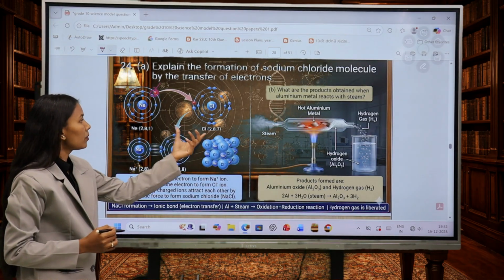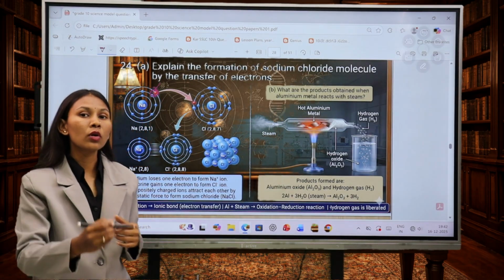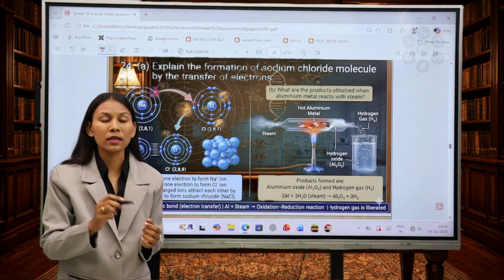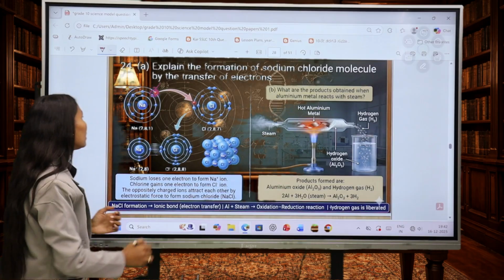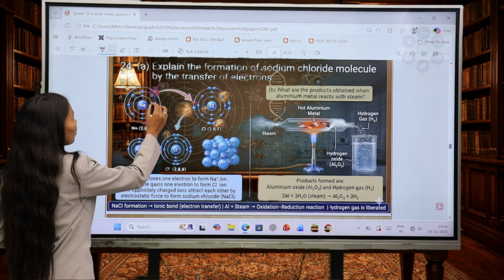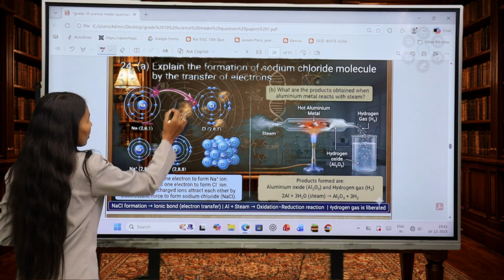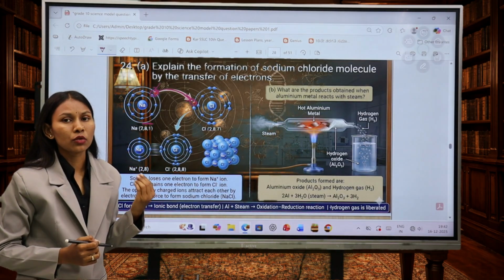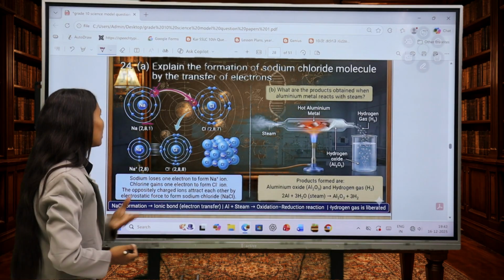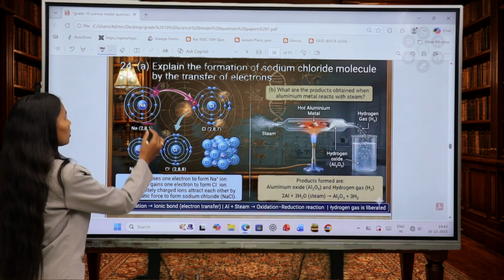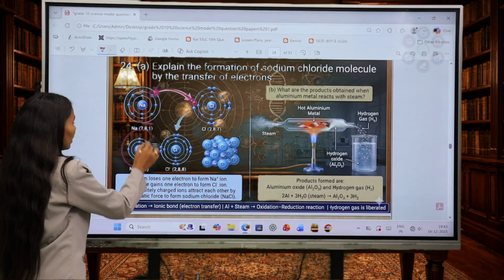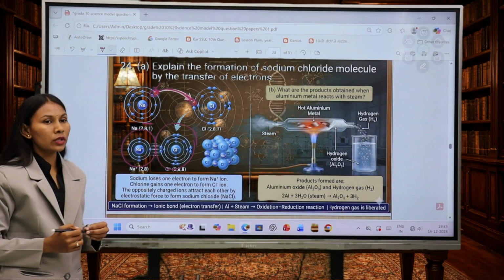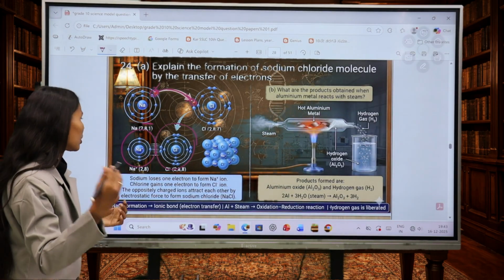Chlorine needs one more electron to complete its outermost shell, to make it an octet. So sodium gives one electron to chlorine so that they both combine together to form sodium chloride. This is a visual representation here. Once it transfers, they both form octets of their outermost shells.